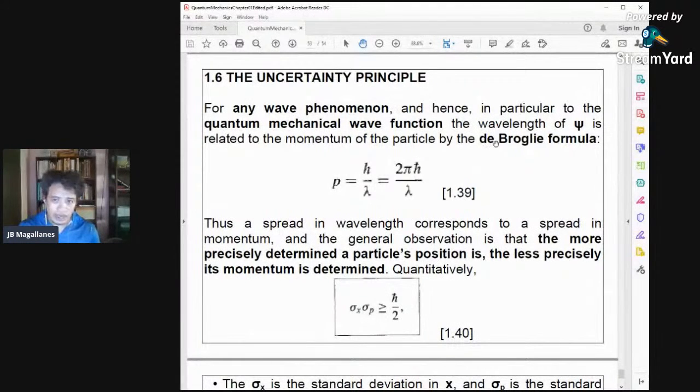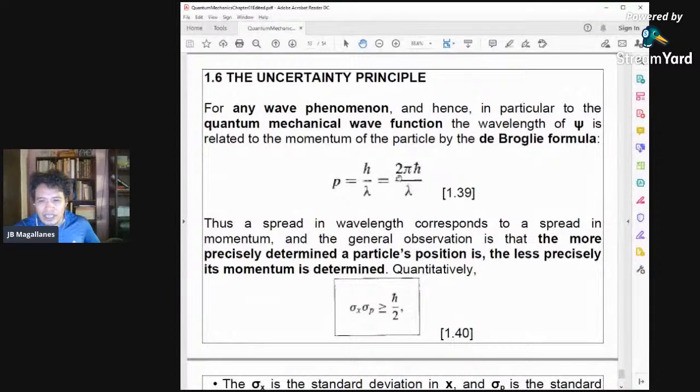a wavelength. The wavelength of the wave function is related to the momentum of the particle by the de Broglie formula. So the momentum is equal to h, this is not h bar, this is just h divided by lambda, or this is equal to 2 pi times h bar over lambda.